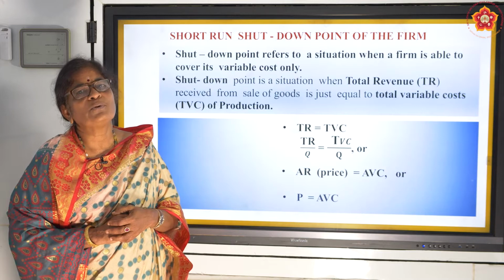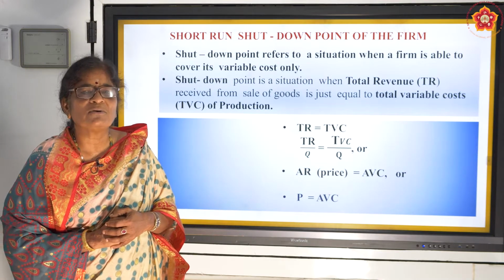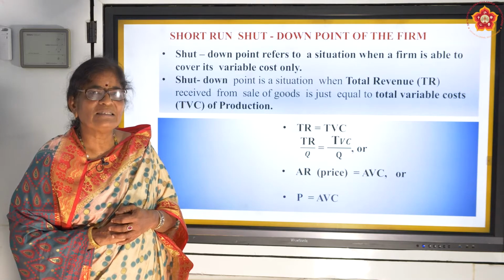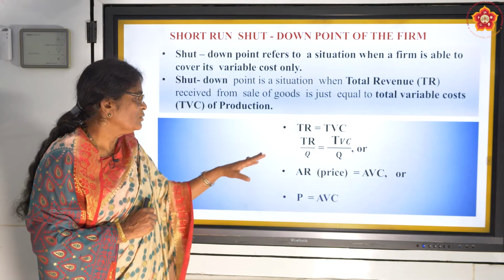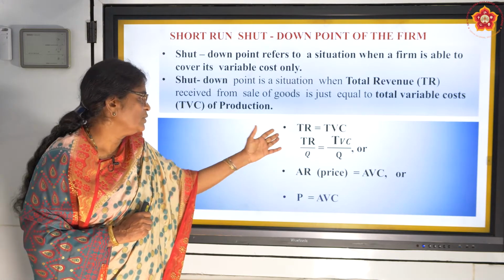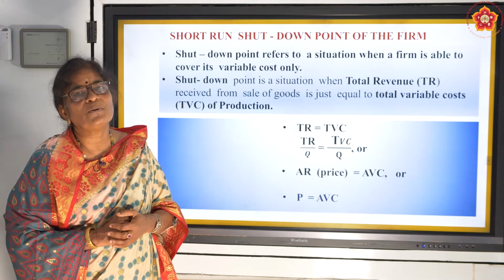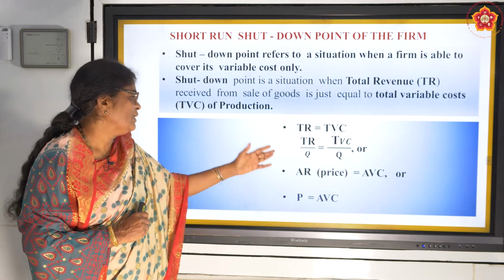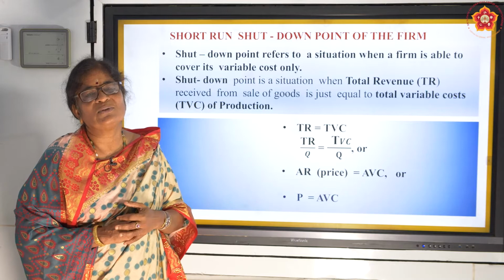That means to produce one unit of output, how much variable cost is incurred is called average variable cost. Therefore, at the shutdown point, total revenue is equal to TVC, total variable cost incurred for the output production, or you can say average revenue is equal to AVC. AR is equal to AVC.